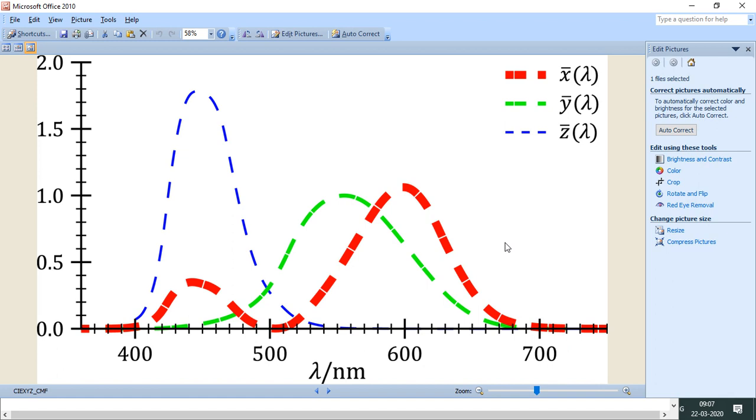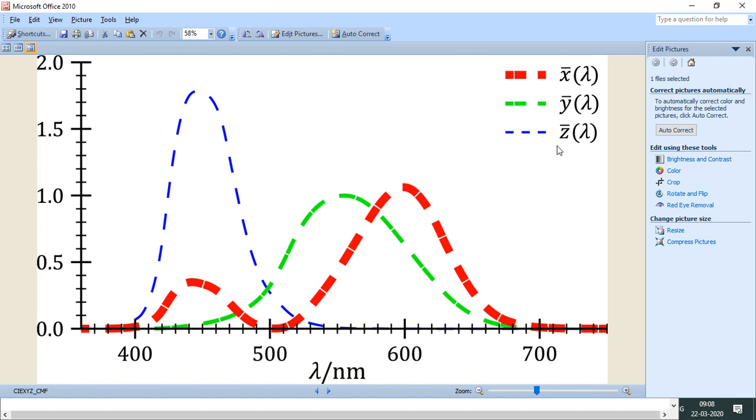So these curves where all the color matching functions are on the positive side came to be known as the CIE XYZ color matching functions, and they are represented by three primaries.